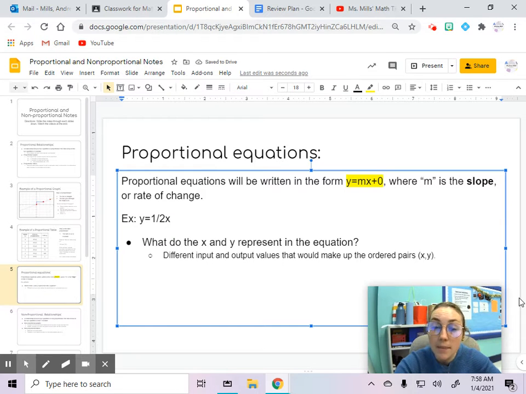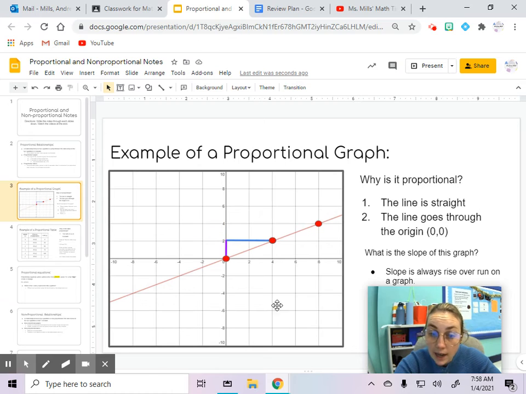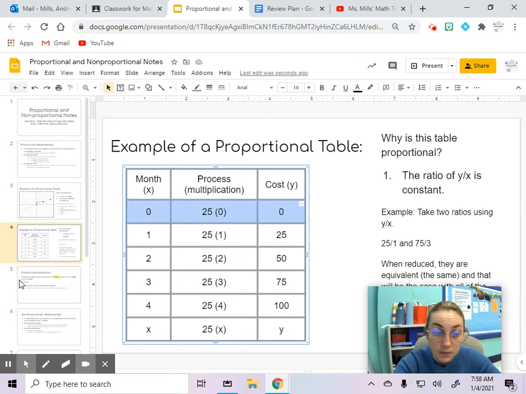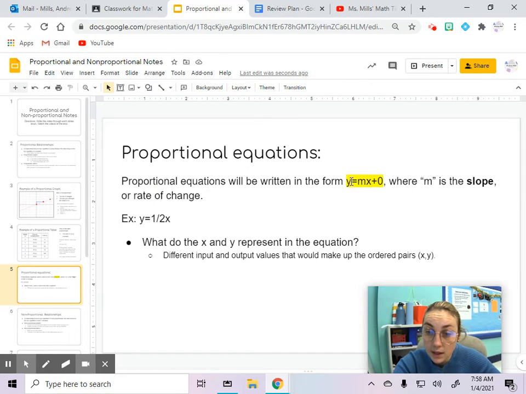So that means that if you're looking at a graph, the y-intercept is going to be 0 because when x is 0, y is also 0 because the line goes through the origin. Again, 0 and 0 right here. That means the line goes through the origin because this is an ordered pair right here, 0 and 0. Same thing here. The y-intercept would be 0, so this would be y equals mx plus 0.